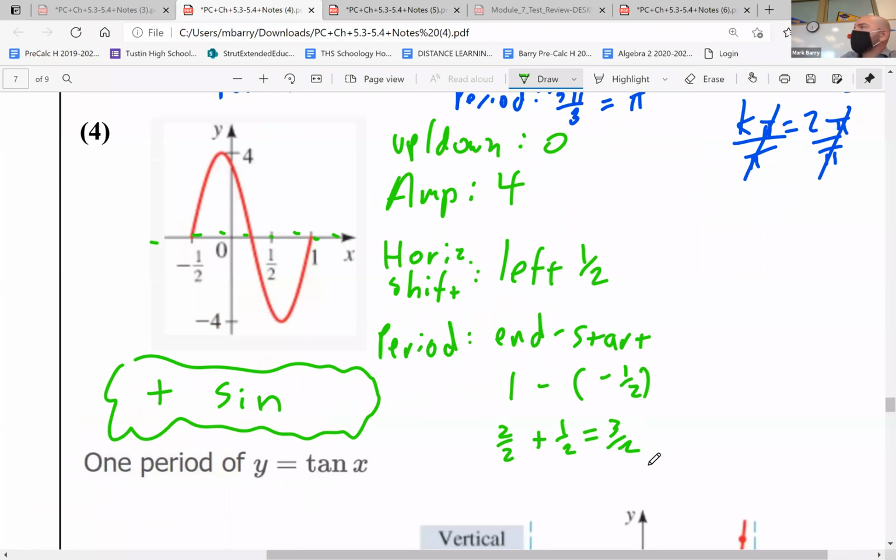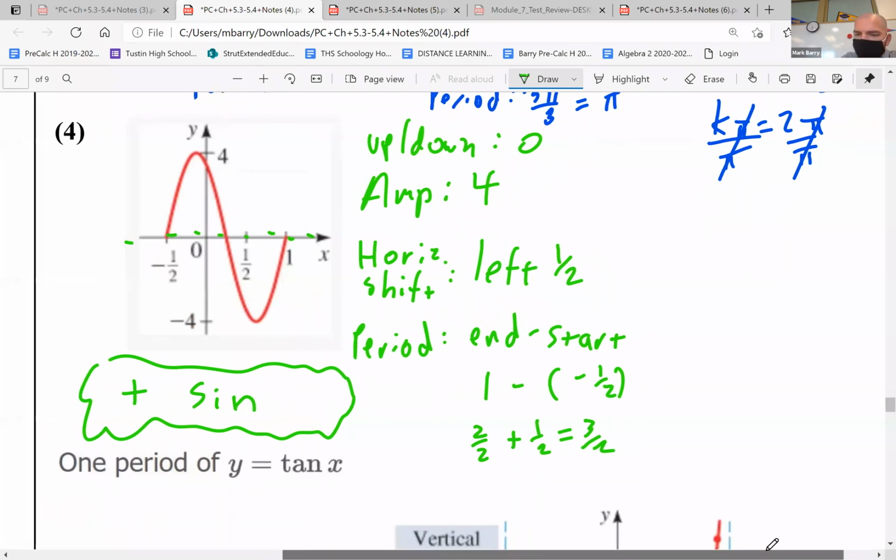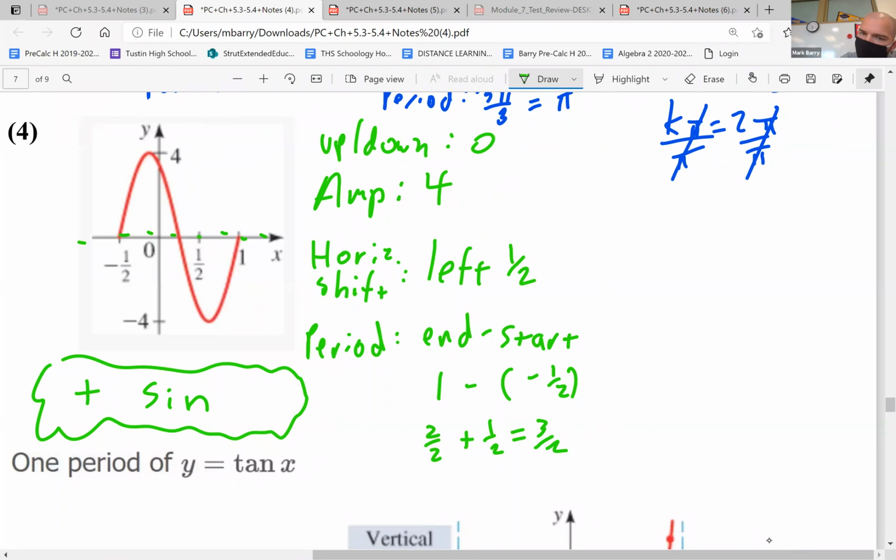And so the period is 3/2. So 3/2 is the period. Remember that the period is the one thing that's not really in the equation. We have to use that to find K. So we always set the period equal to 2 pi over K. And then now we're going to have to solve for K, all right?